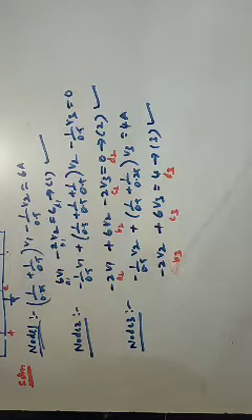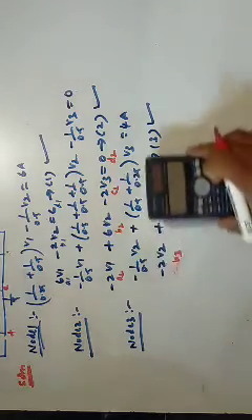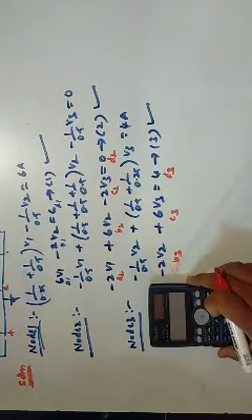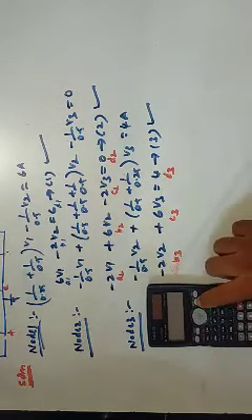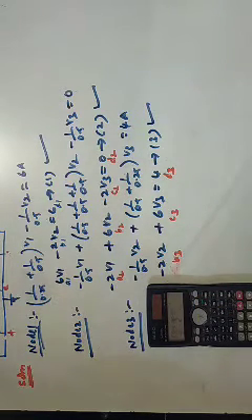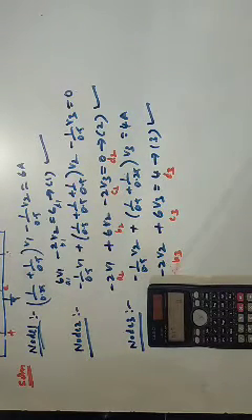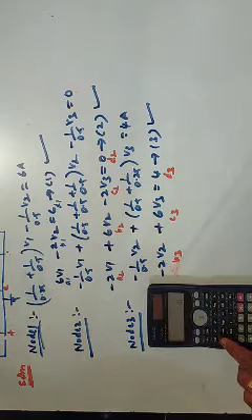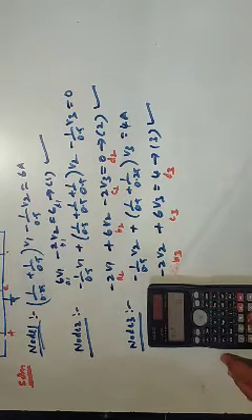Using the calculator, put it in equation mode. There are 3 unknowns, so 3 by 3. The value of A1 is 6, B1 is minus 2, we don't have C1, so put 0, D1 value is 6.